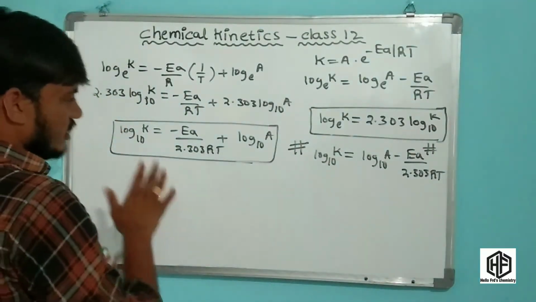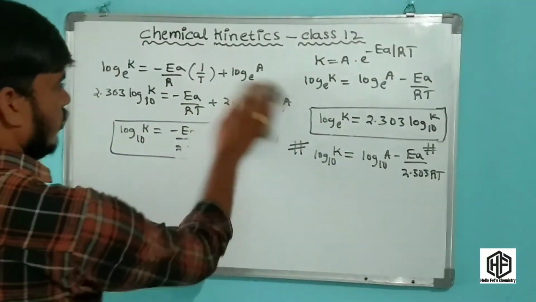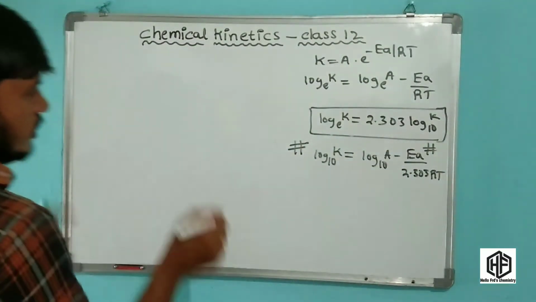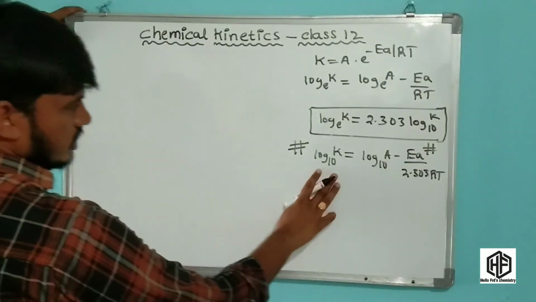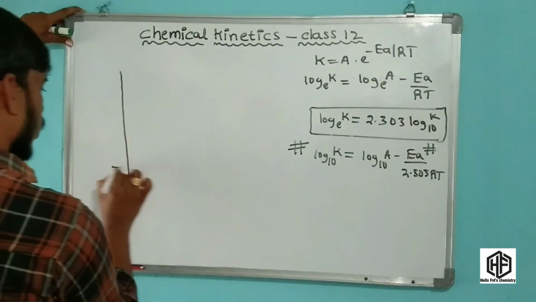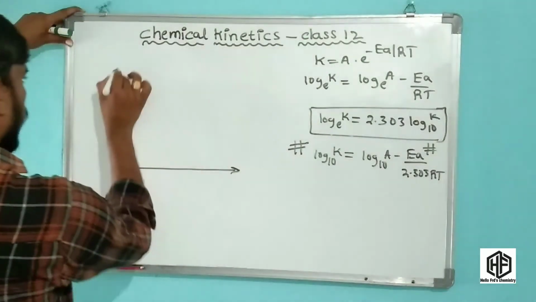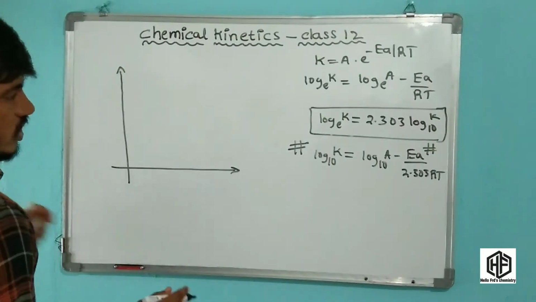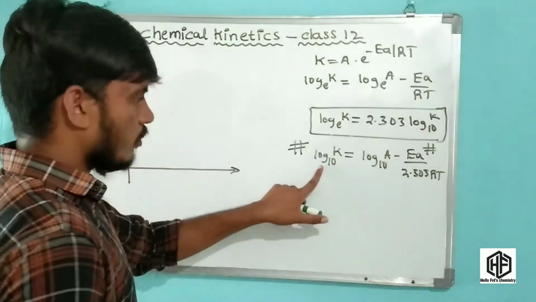This is clear, friends. The graph representation of this is y = mx + c compared to this graph. This equation is compared to the y = mx + c equation. Now this value is the y-intercept.